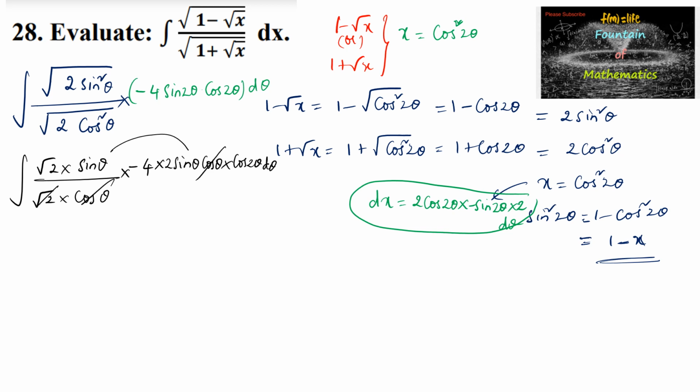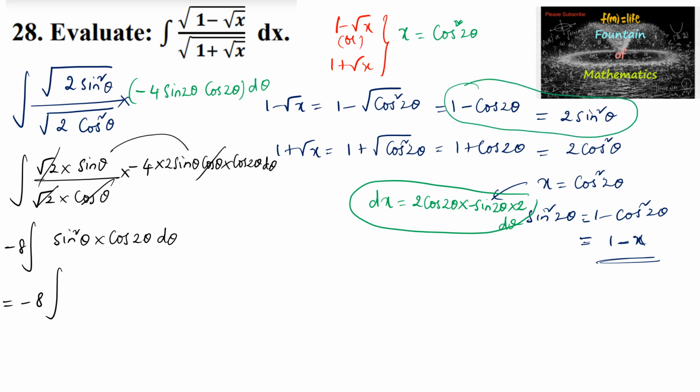So minus 8 times sin square theta into cos 2 theta d theta. That is minus 8 times sin square theta, where from here 1 minus cos 2 theta is equal to 2 sin square theta. So we can write sin square theta is equal to 1 minus cos 2 theta upon 2, into cos 2 theta.